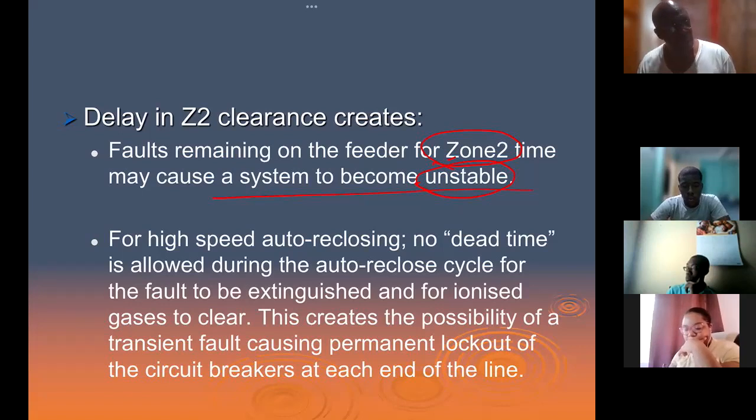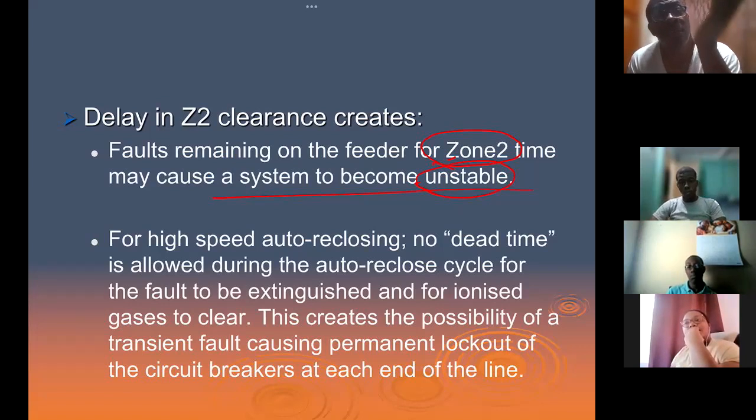If you have a situation where a breaker operates on a fault on the system, let us say the fault was temporary.